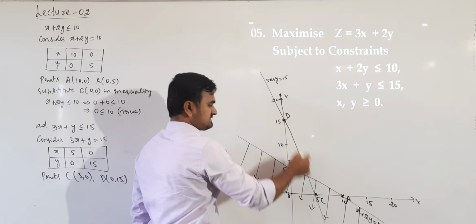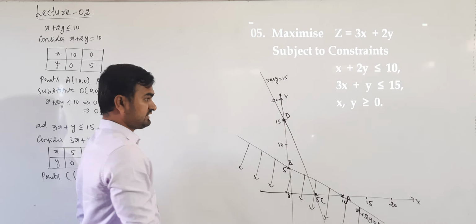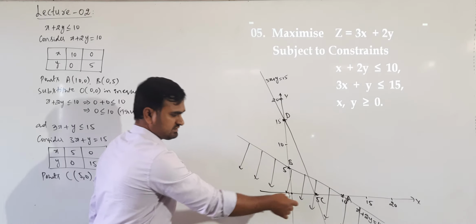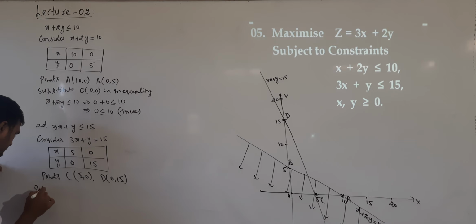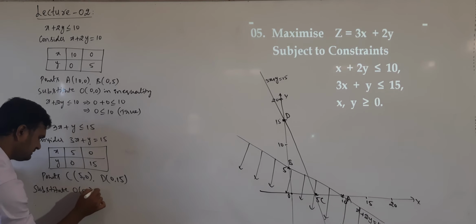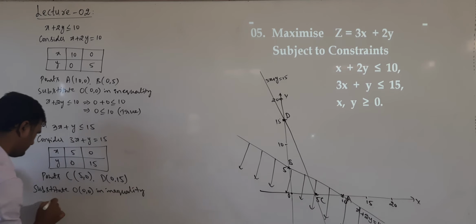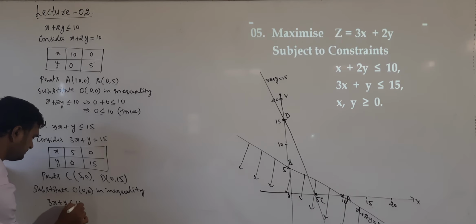So again this line divides the xy plane into two parts, above the line and below the line. Which one will be required? Inequality. So clearly again origin lies below the line. Substitute origin and see whether it satisfies or not. Substitute origin in the inequality 3x plus y less than or equal to 15.